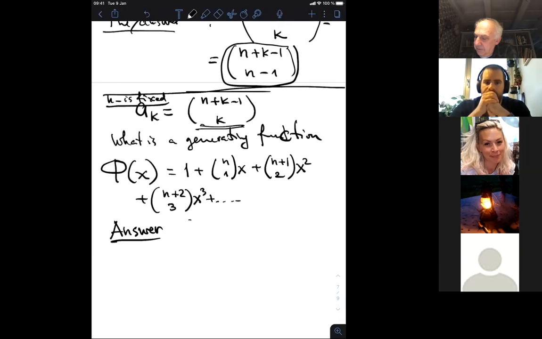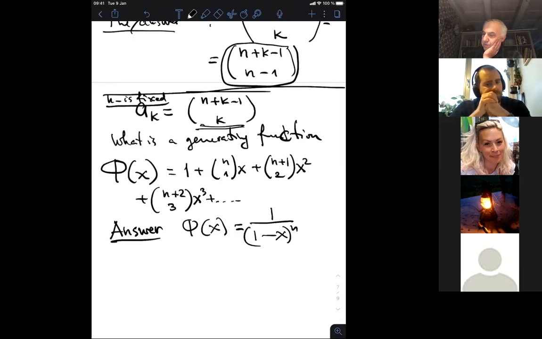My answer is that phi of x is actually nothing else but 1 divided by (1 minus x) to the power n. So if we take this simple rational function and expand it at the origin, we get exactly this power series as it says above.